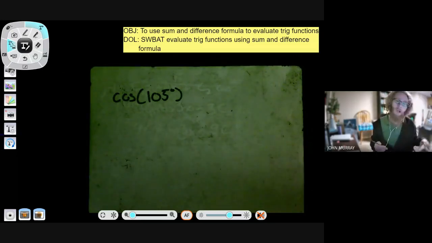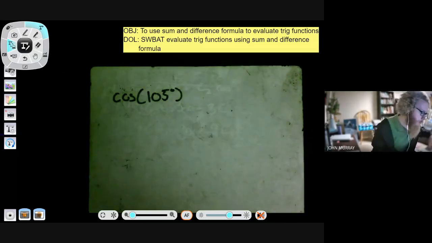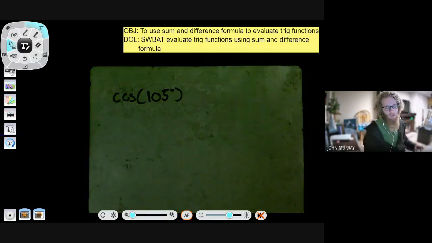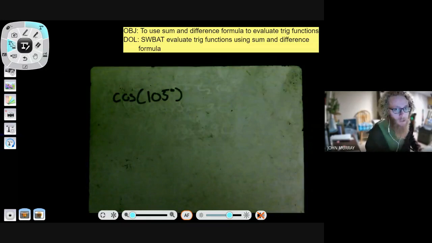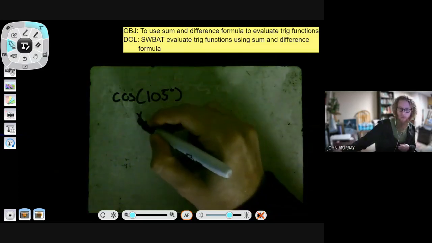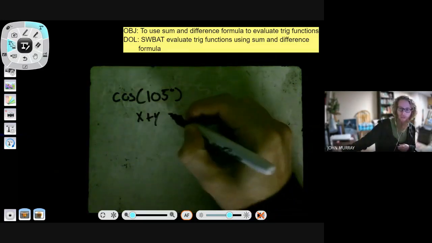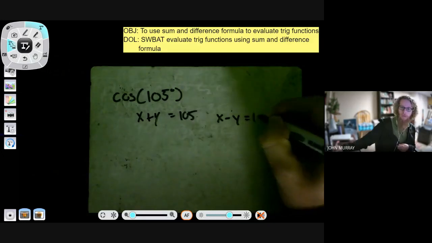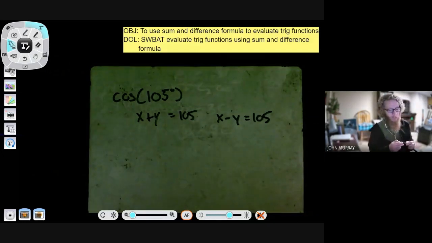All right, so for homework, we had the cosine of 105. The first thing that I asked you to do was to find some sort of addition or subtraction of two more known angles that would give us 105 degrees. So I was just asking you to come up with either some x plus y that gives us 105, or some x minus y that gives us 105.